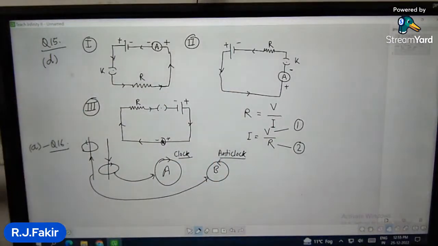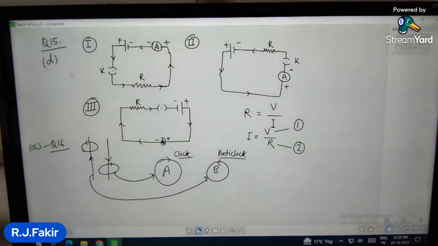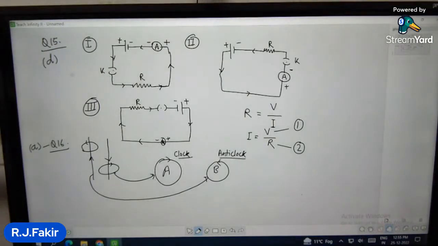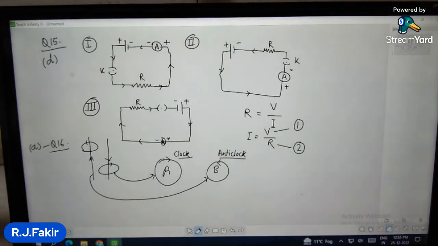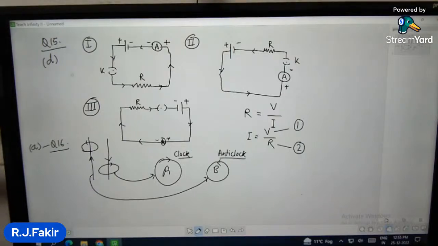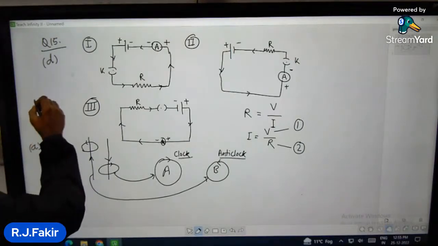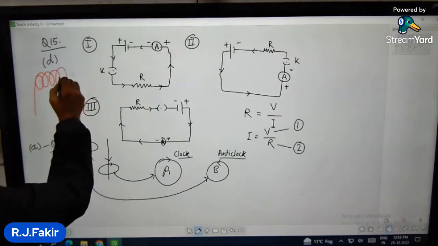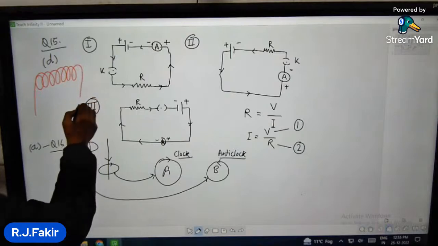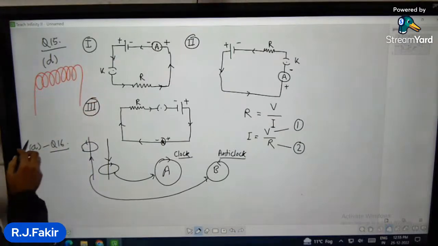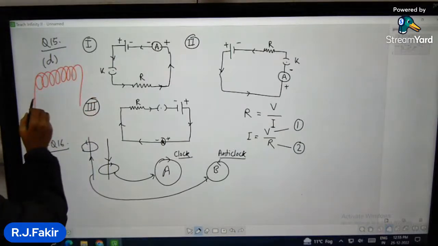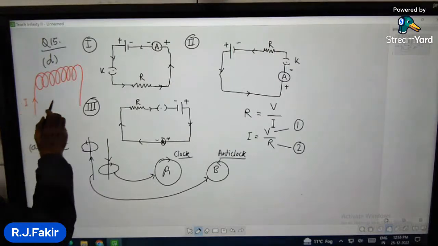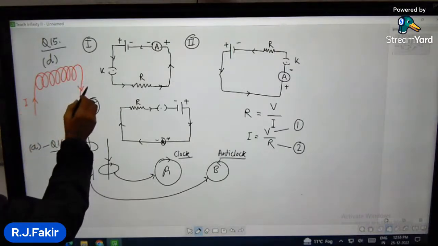Or in the case of a solenoid, you might be aware of solenoids, like circular loops, and this current is entering from this side and leaving this side.